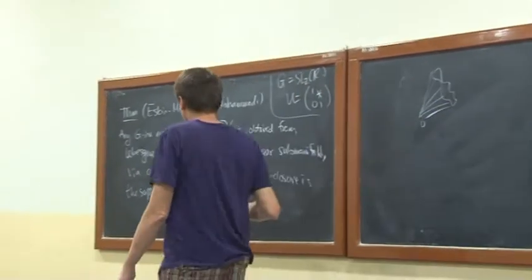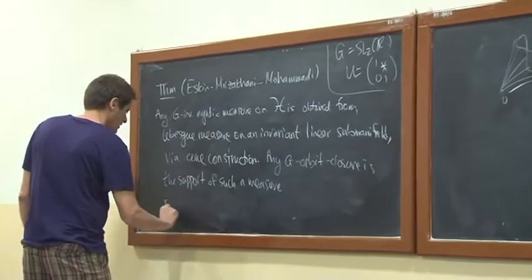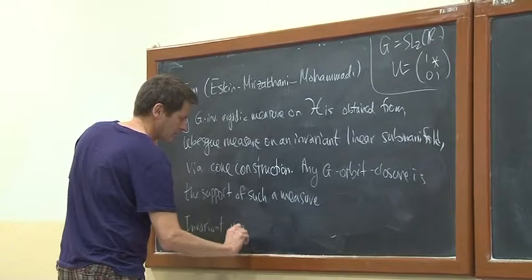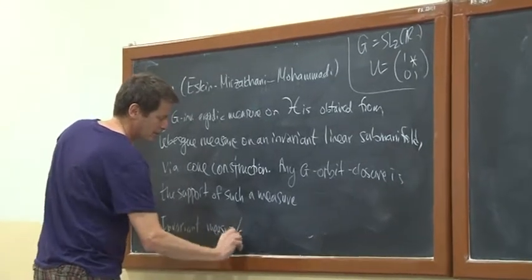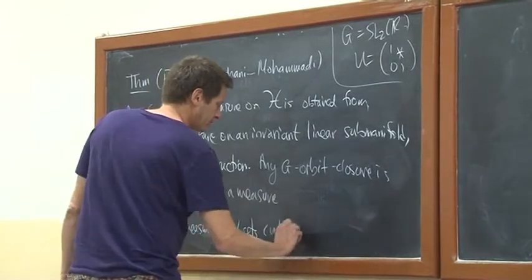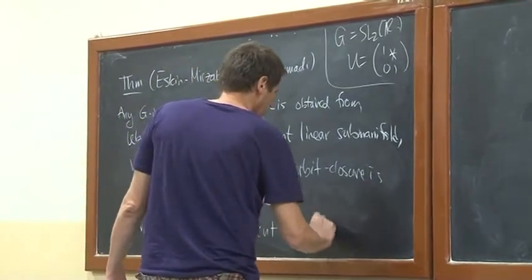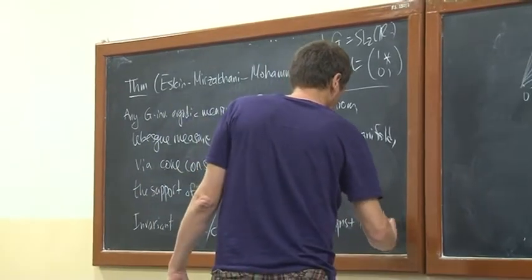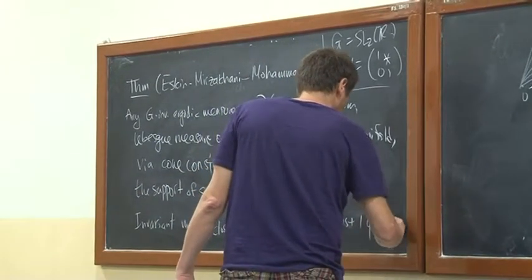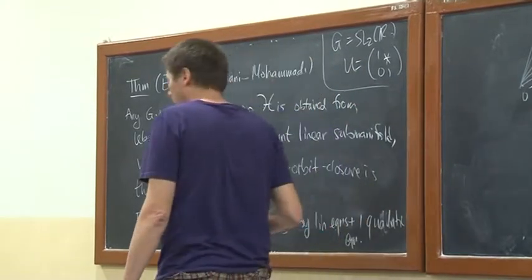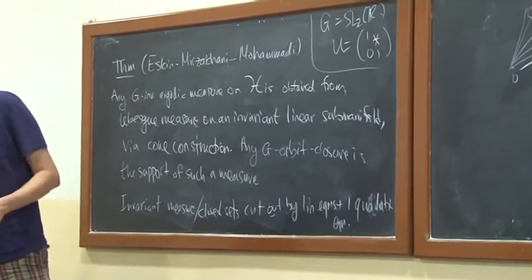So the upshot here is invariant measures on closed sets cut out by linear equations plus one quadratic equation.